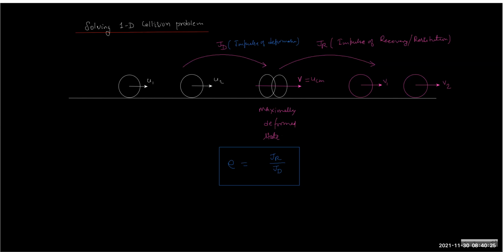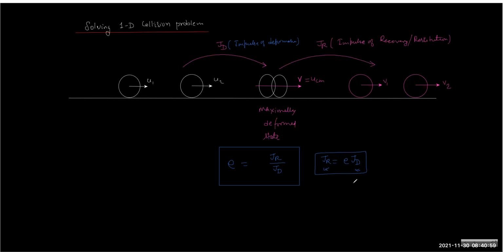So we call the deformation impulse J_D and the recovery impulse J_R. Apart from the definition of e which we just saw, this is the alternative definition, and sometimes in the examination they may ask you the relation. So impulse of recovery is e times impulse of deformation. Now the question is, what is the value of these two? How can we calculate them?